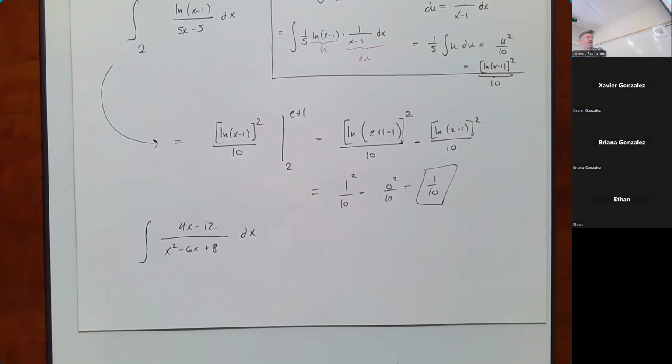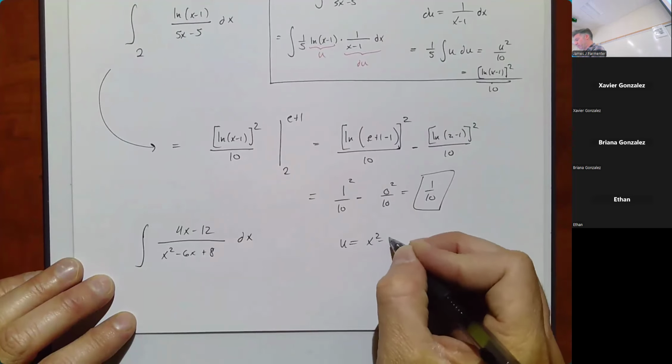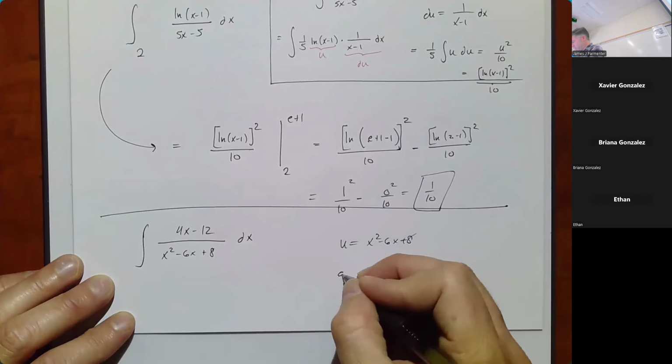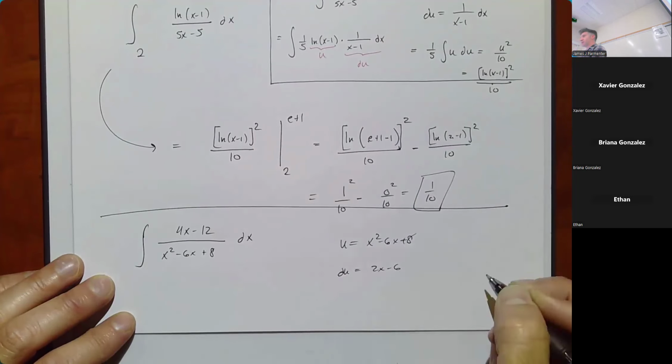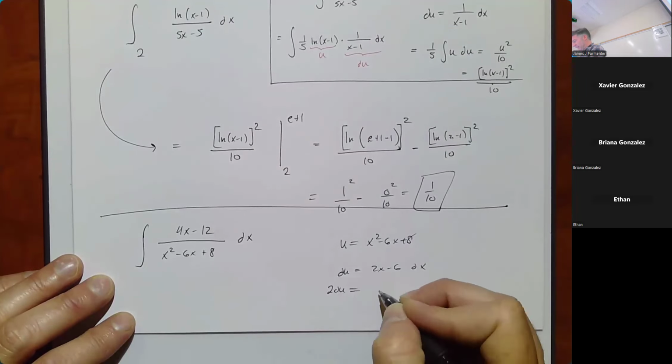If someone gives you something like this, yes, the bottom factors as x minus 4 times x minus 2. You don't want to jump straight to partial fractions. It's a method of last resort. Because here, before you try partial fractions, you should look at, oh, if I let u equal the bottom, my du is 2x minus 6 dx, and 2 times du is exactly the numerator.